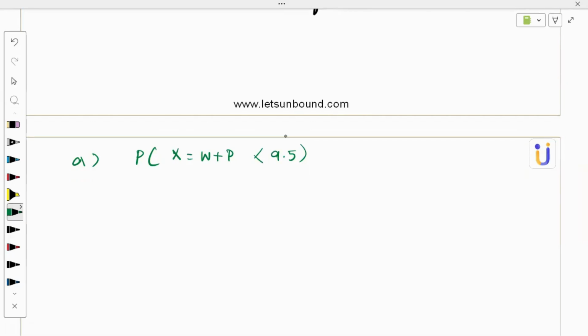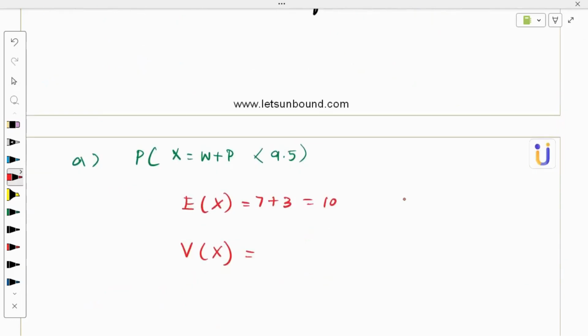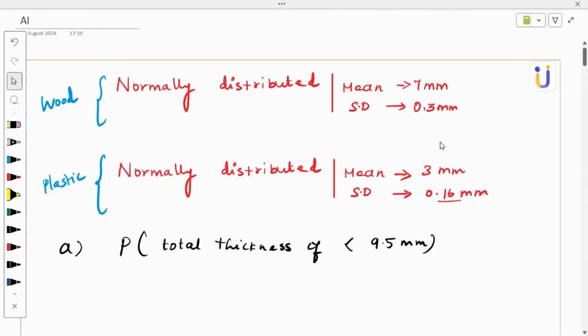Let's find the expected value E of X and the variance of X. E of X is nothing but 7 plus 3, you just add the expected values of wood and plastic, so 10. And the variance of X is variance of W plus variance of P. Here the given values are standard deviations.